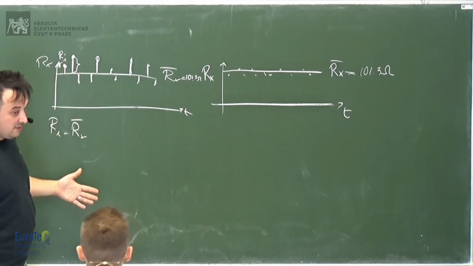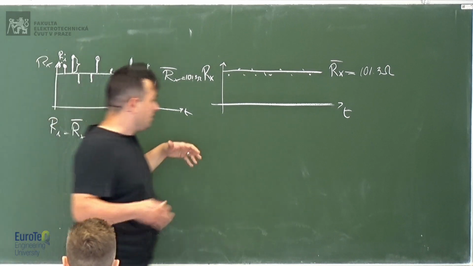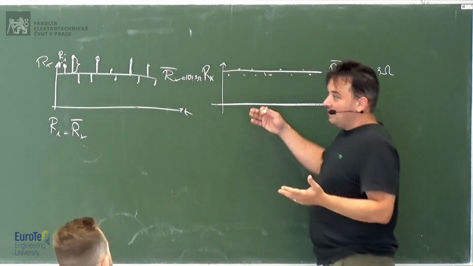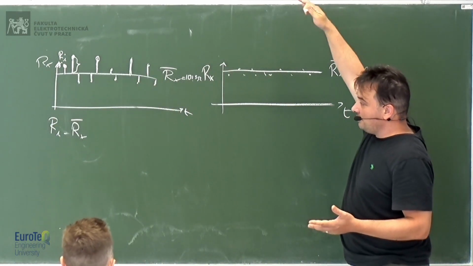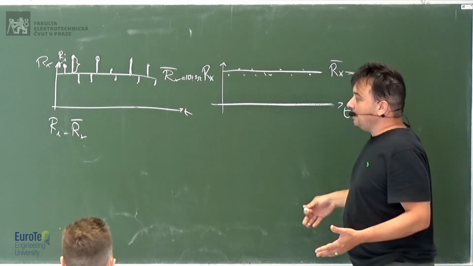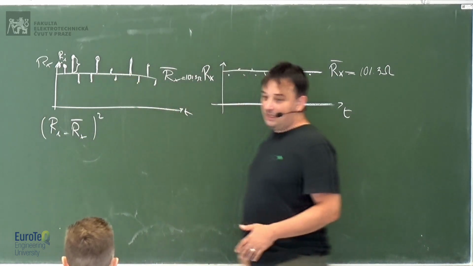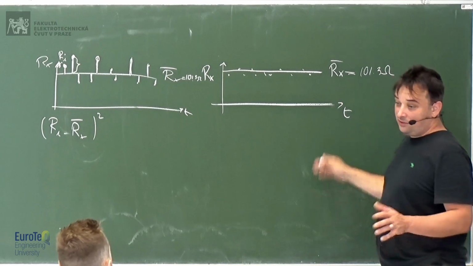So you have to square them, because you don't care if they are positive or negative. What you care about is that they are far from the average. If they are far from the average on the top or far on the edge, you don't care. They are far from the average. So you square them to get rid of the sign, and then you get the average of the scatter.